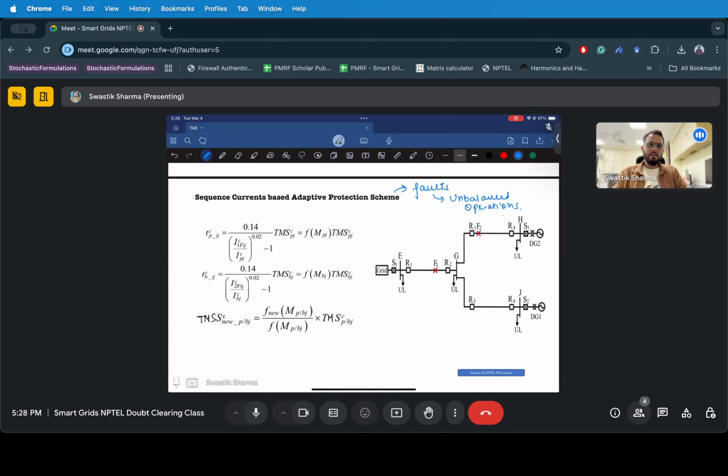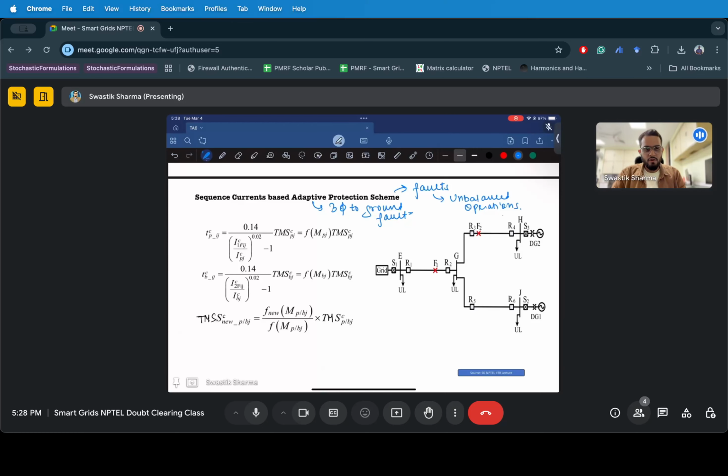Keep in mind that for a true system, these conditions may not be applicable for a three-phase to ground fault, because it is balanced in nature.